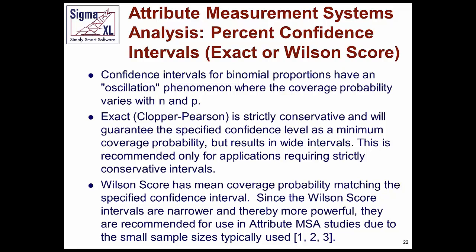What Wilson score does is it gives you an average. It's using average of 95% coverage rather than a minimum of 95% coverage. So exact is very conservative, whereas Wilson score gives you an average of 95% confidence. And for that reason, a lot of practitioners prefer the Wilson score. So that's just something we've included as an option. If you want to match Minitab, use the exact. If you want to match JMP, use the Wilson score.